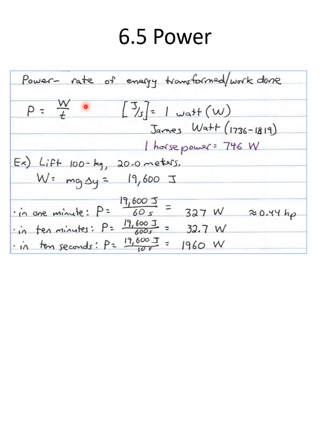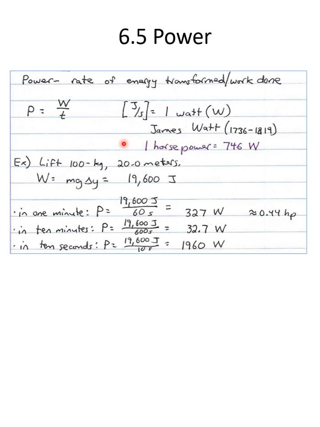Its units are joules per second. A joule per second is known as a watt, and this is named after James Watt. And by the way, James Watt invented a unit of power called the horsepower. So in case it comes up in any of your examples or problems, 1 horsepower is equal to 746 watts.